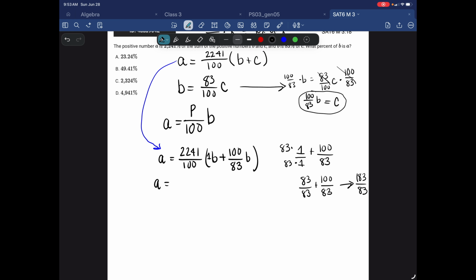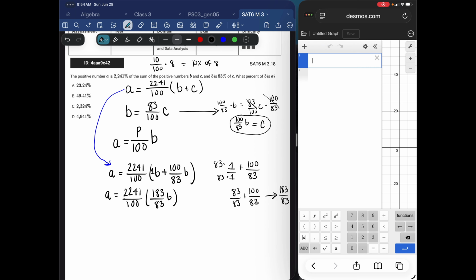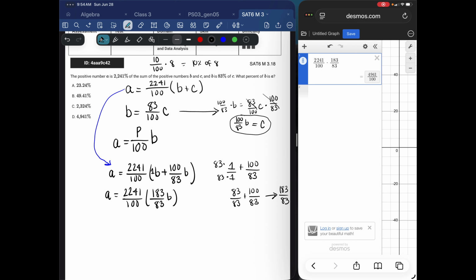So this is A equals 2,241 over 100 times 183 over 83 B. Now I can multiply the fractions together. I'm going to use Desmos for that. And it's going to spell out a decimal, but I want it in fraction form.